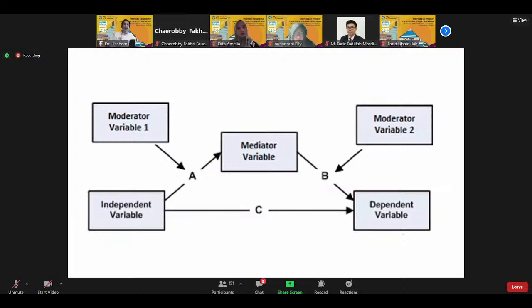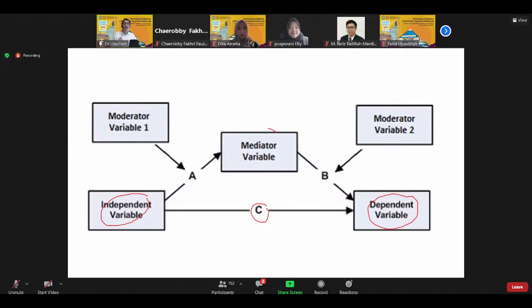So as I said from the beginning, the main thing in structural equation modeling is that it adds two types of variable, mediator and moderator. If we have an independent variable and a dependent variable, which is so common in modeling, the coefficient effect of the independent over the dependent is called c.